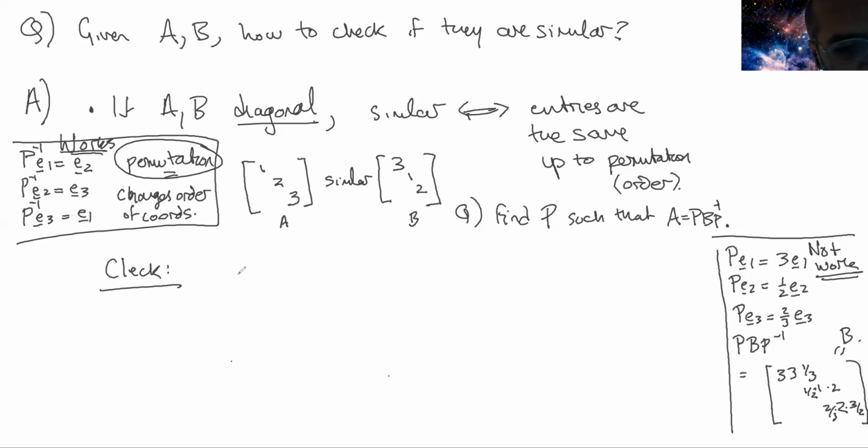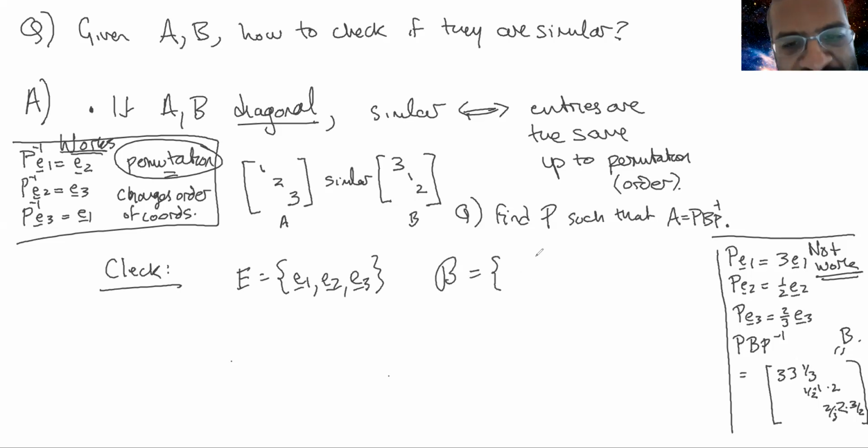Let's make two bases. There's a standard basis E, which is E1, E2, E3. And then there's the B basis, which has the same vectors, but in a different order: E3, E1, E2. And what I want to check is, what's the matrix of A in the B basis?